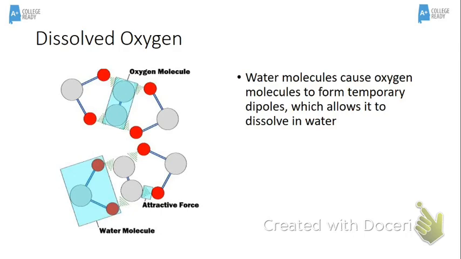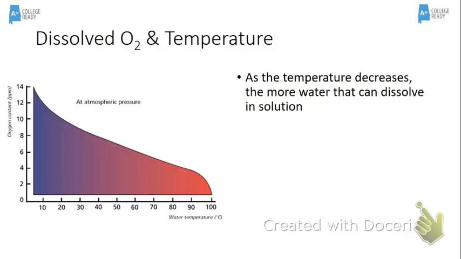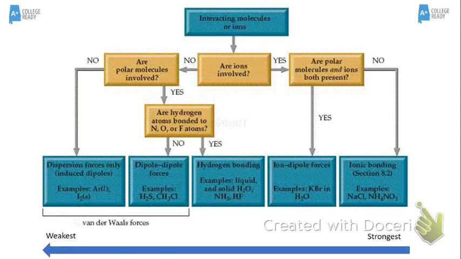The colder that it is, the more oxygen that can be dissolved into the water, which is why there's an issue when plants dump, and I'm talking about power plants, dump warm water into rivers, because increasing the temperature prevents oxygen from dissolving into the water because the kinetic energy is too high. So as that kinetic energy decreases, the more oxygen will be dissolved into the water.